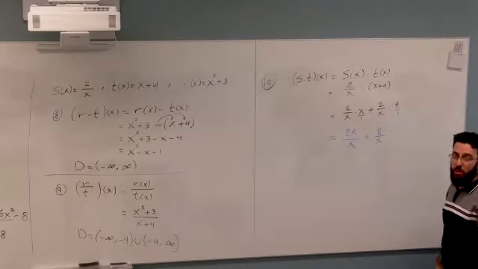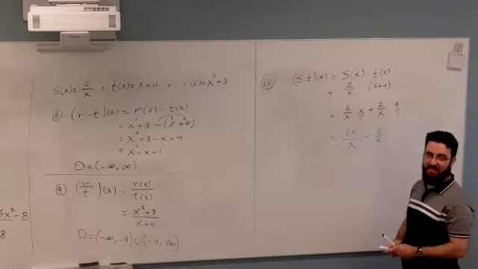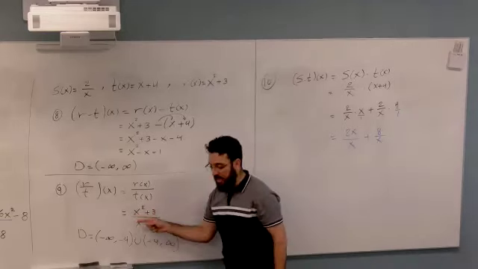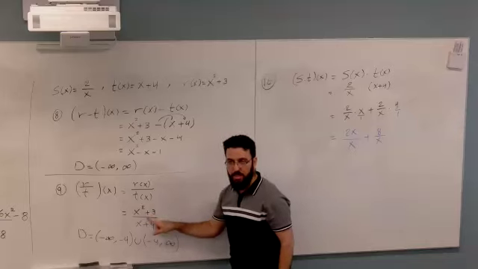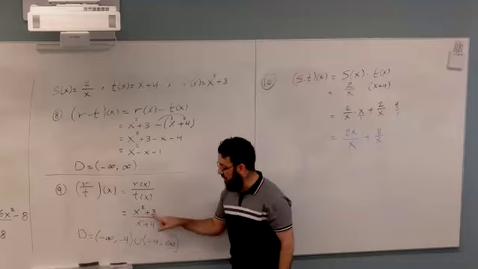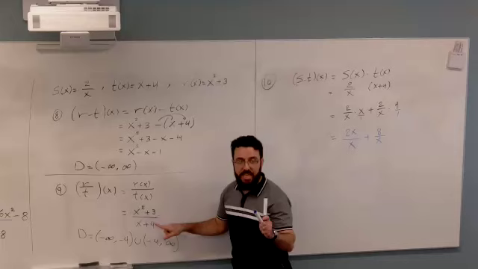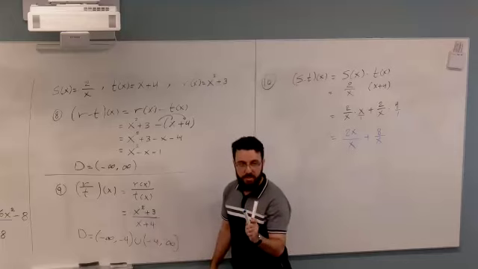It doesn't matter what's squared. This is the whole term, and the sign between these two terms is a plus, not multiplication. You're going to cancel only when you have multiplication.